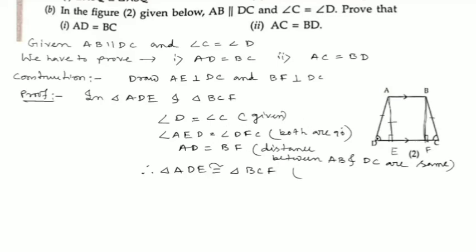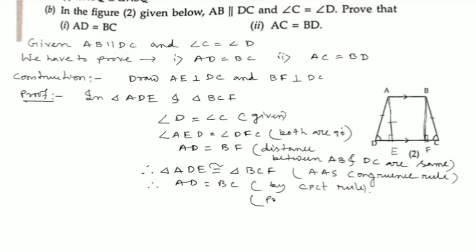Angle, angle, side, by AAS congruence rule. Okay, so therefore we can write AD is equal to BC, by which law? By CPCT rule. Okay, so number 1 is proved.